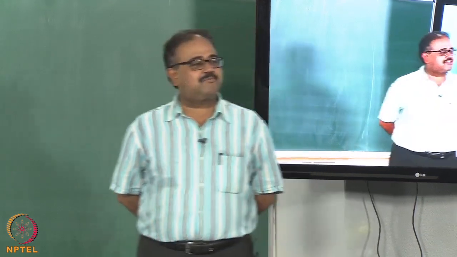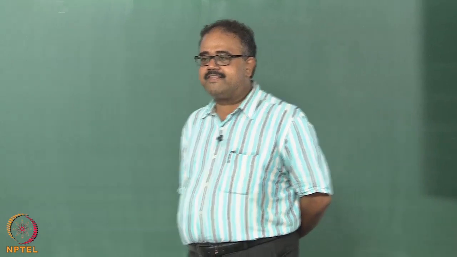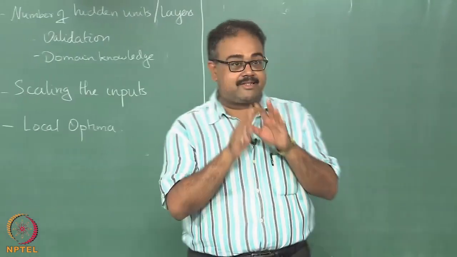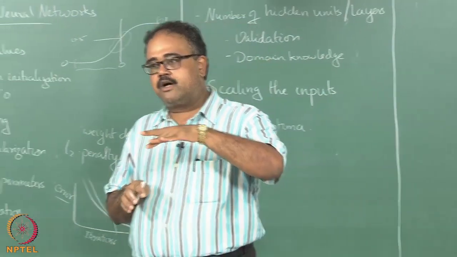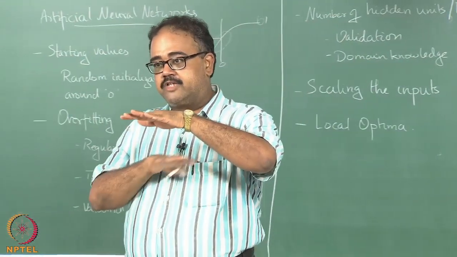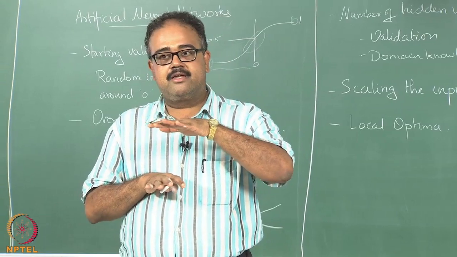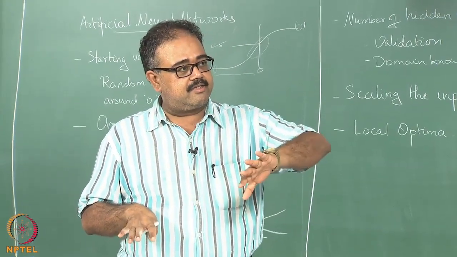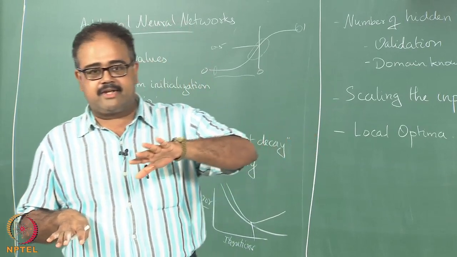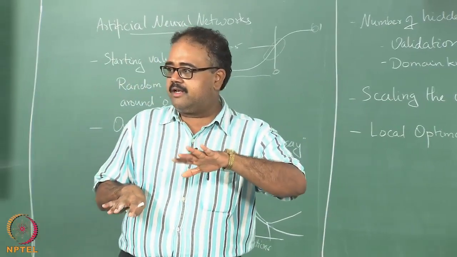Parameters, not the inputs, okay. This is something which people have difficulty with, that is the reason I am making a fuss out of it. The error surface is the function of the error with respect to the parameters. So as I change my alpha and beta, how does the error change? That is the error surface that we are talking about.